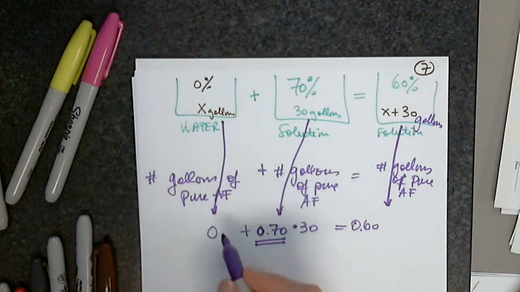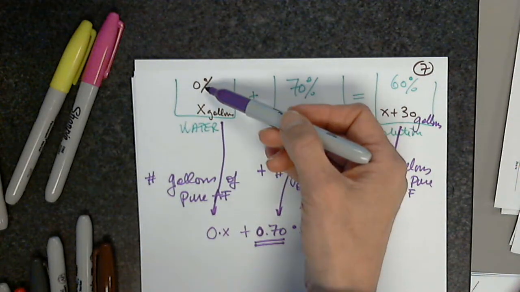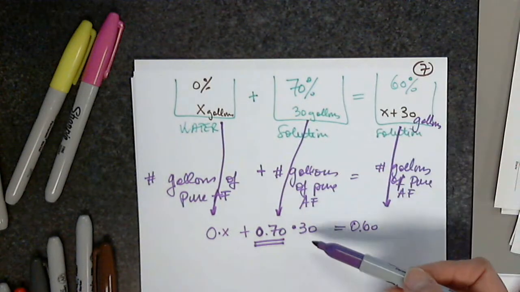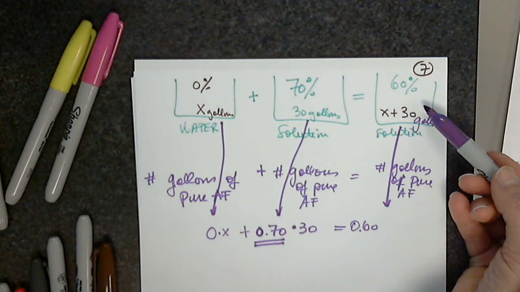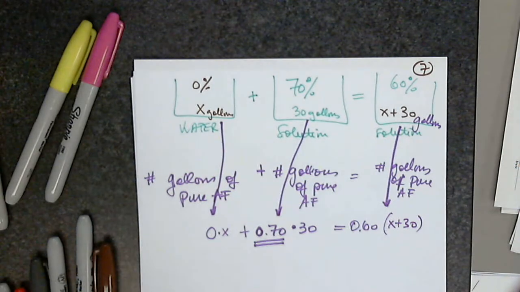So maybe I should have written 0.00 times X plus 0.7 times 30 equals, we just have to mimic what we just did for the last. Plus 30. Exactly. So now this is 0.60 of the number of gallons I have because I mixed it. It's solution now.